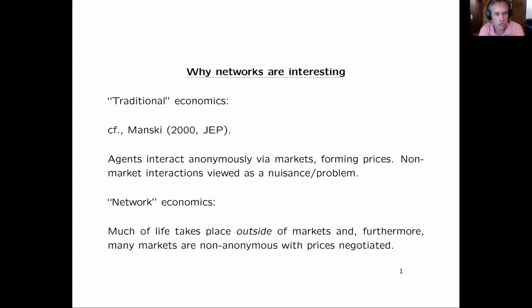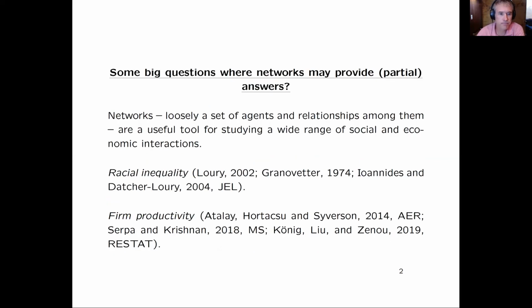And that's great. I think our discipline has gotten a lot of mileage out of that perspective. But the reality is a lot of life takes place outside of markets. And furthermore, many markets aren't really anonymous in any meaningful sense, with prices negotiated and so on. And that's kind of where networks come in.